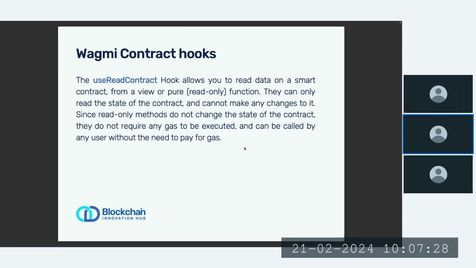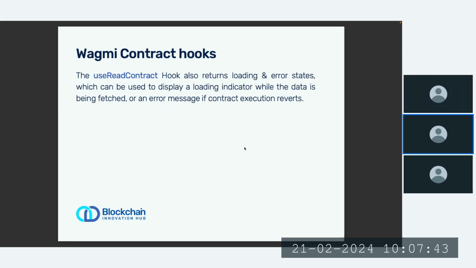Okay, so the useReadContract, just like how the name sounds, is used for reading data. Now, if you want to write data, there is the useWriteContract. But before we get into the useWriteContract, you need to also understand that the useRead hook returns loading and error states. So if you are trying to read a contract and there's an error, there is also a state that will be returned.